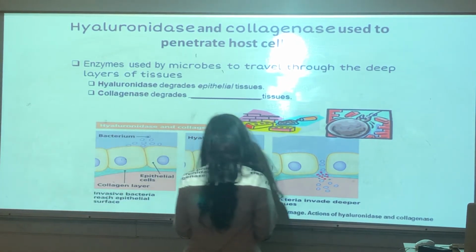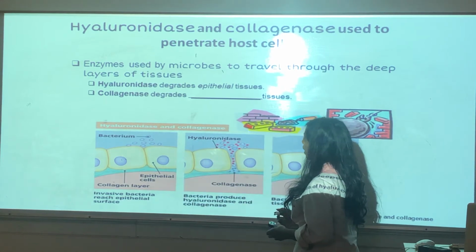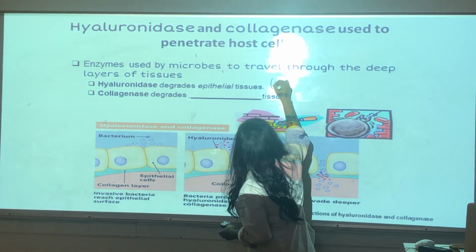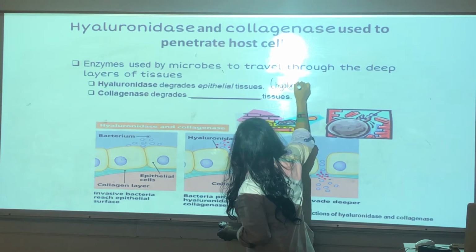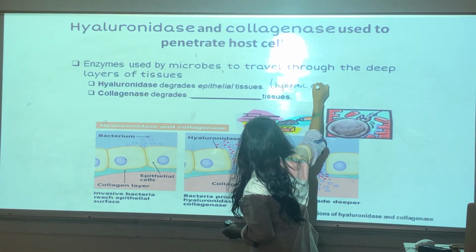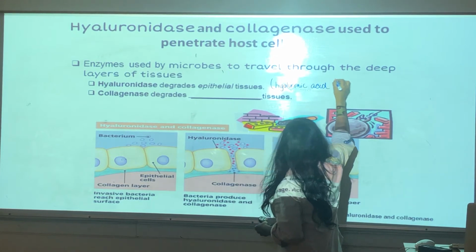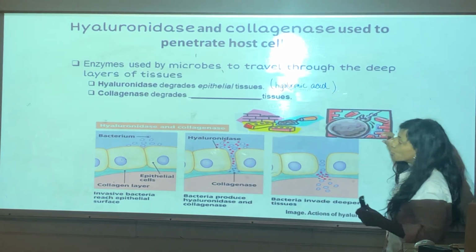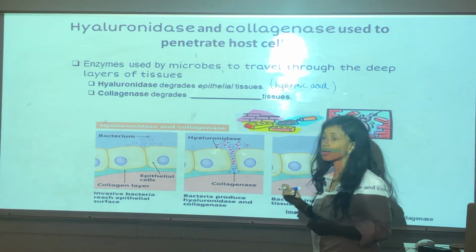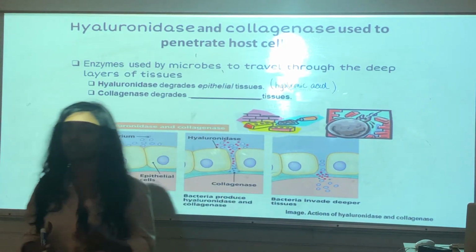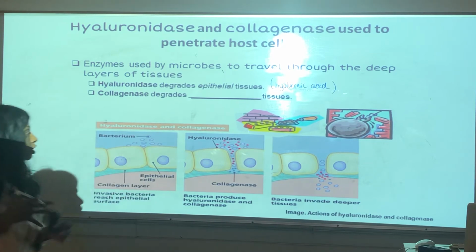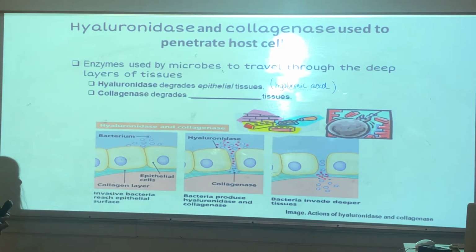There is a substance in the epithelial cells, it's called hyaluronic acid. And hyaluronic acid is sort of the glue that keeps epithelial cells together. And when foreign invaders have hyaluronidase, they're able to break down the epithelial cells because they're breaking down the hyaluronic acid.